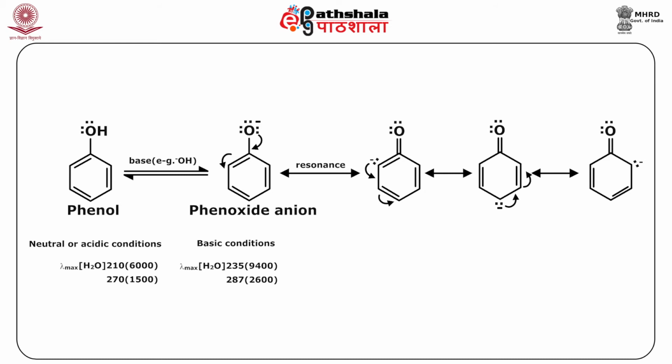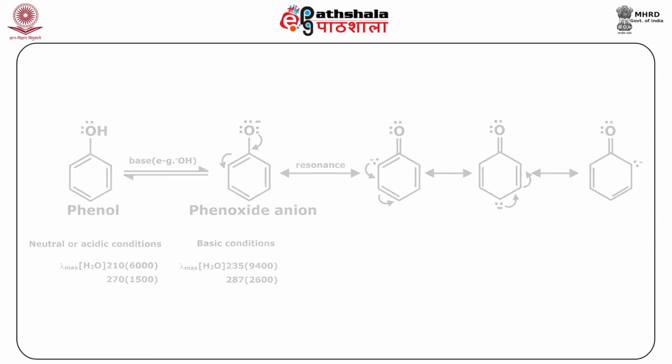In the phenoxide ion, lone pairs on the oxygen are delocalized over the entire pi system of the aromatic ring, and this increases the conjugation of the same. Extended conjugation provided by the phenoxide ion leads to a decrease in the energy difference between the HOMO and the LUMO orbital, which thus results in a red or a bathochromic shift to a longer wavelength and a lower energy, along with the increase in intensity of absorption. This phenomenon of resonance in the phenoxide ion is clearly shown in the figure.